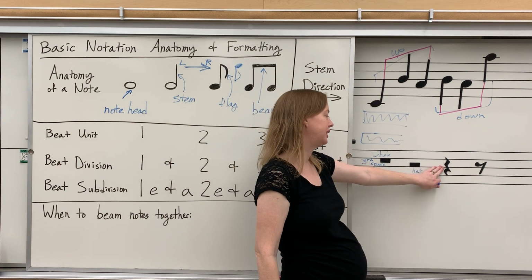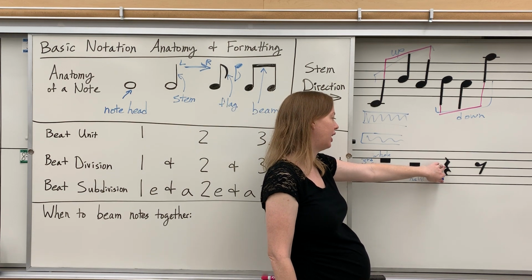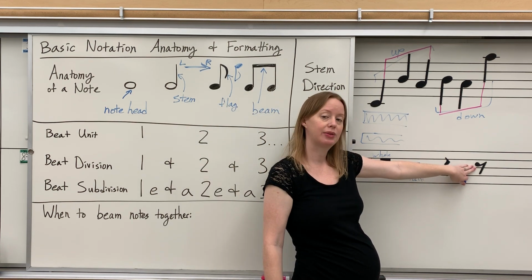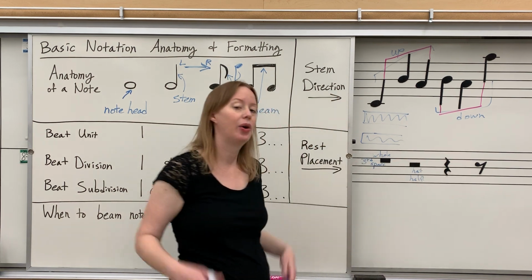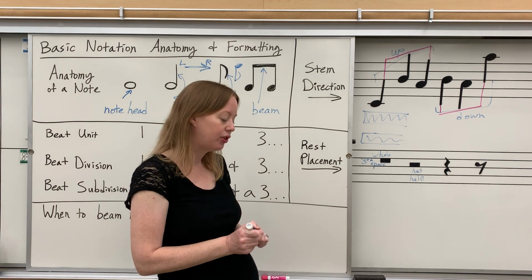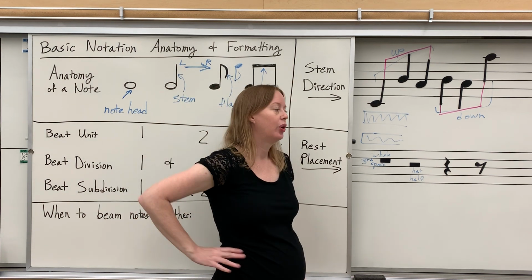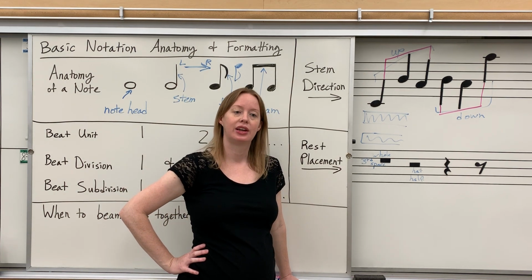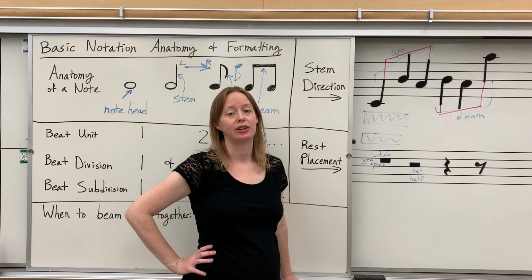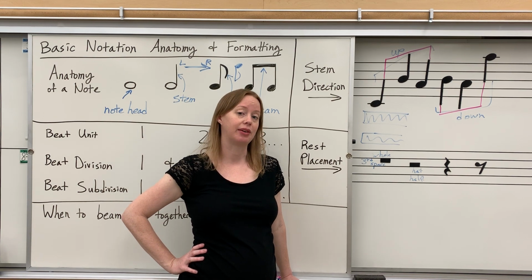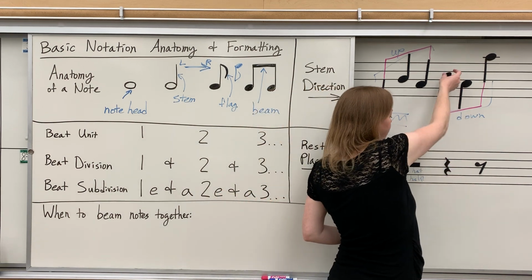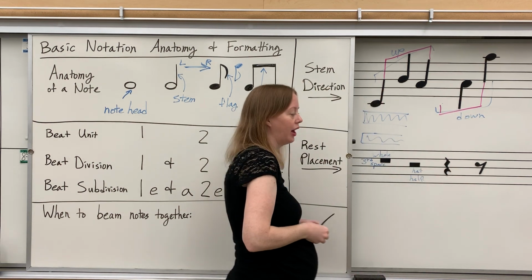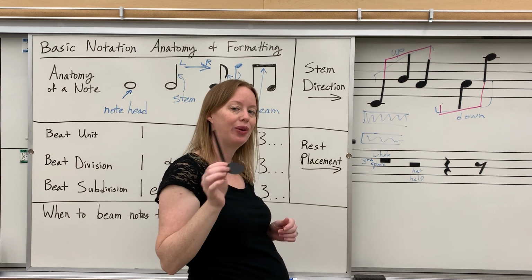Our quarter rest should be centered around the middle line as well, and our eighth rest should be in the second and third spaces. Now, this does change if you're sharing a staff line with another instrument or voice. For example, let's say sopranos and altos are both reading on the same staff line. Well then, maybe the sopranos, let's borrow a note here, sopranos are getting a note, but the altos are getting a rest.